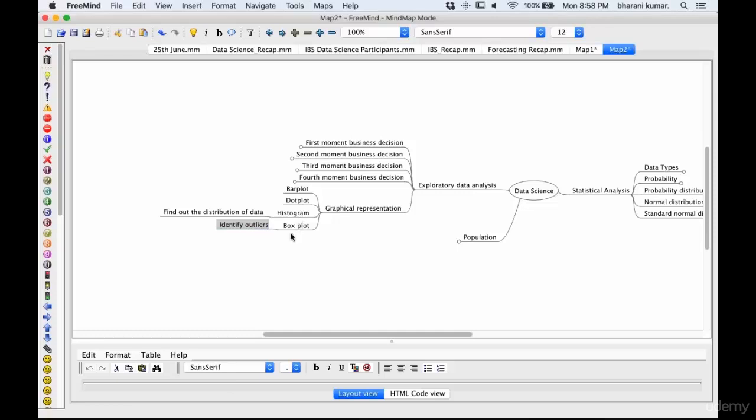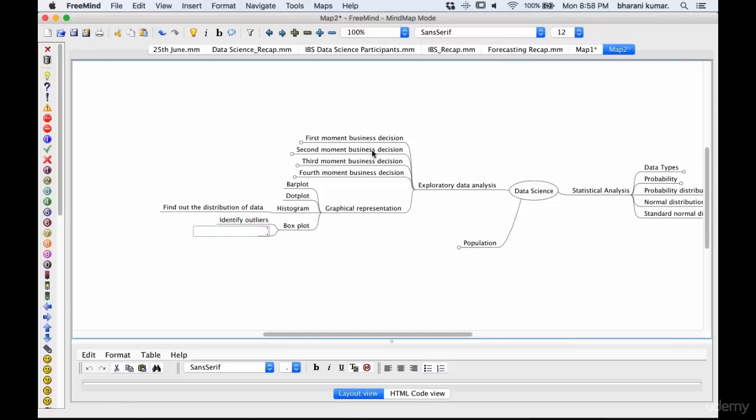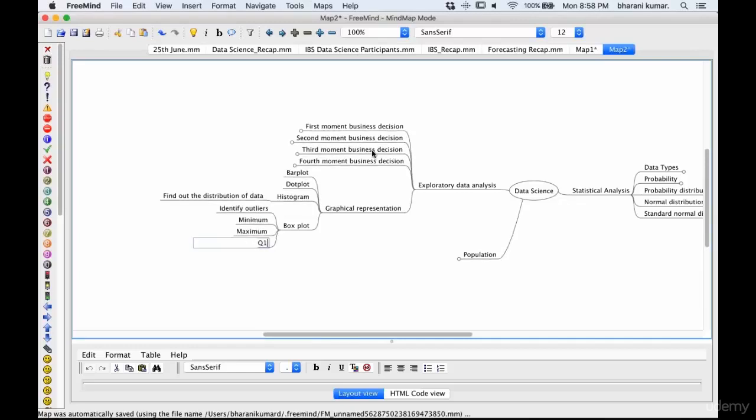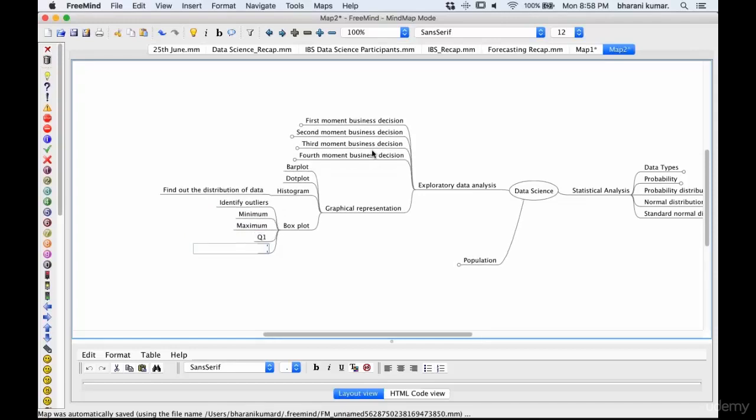And the various components of box plot are, you will have the least value, which is the minimum value. You'll have the maximum value. You'll have Q1 or quartile 1, which contains the 25% of data, lower 25. Q3, which is called as upper quartile.